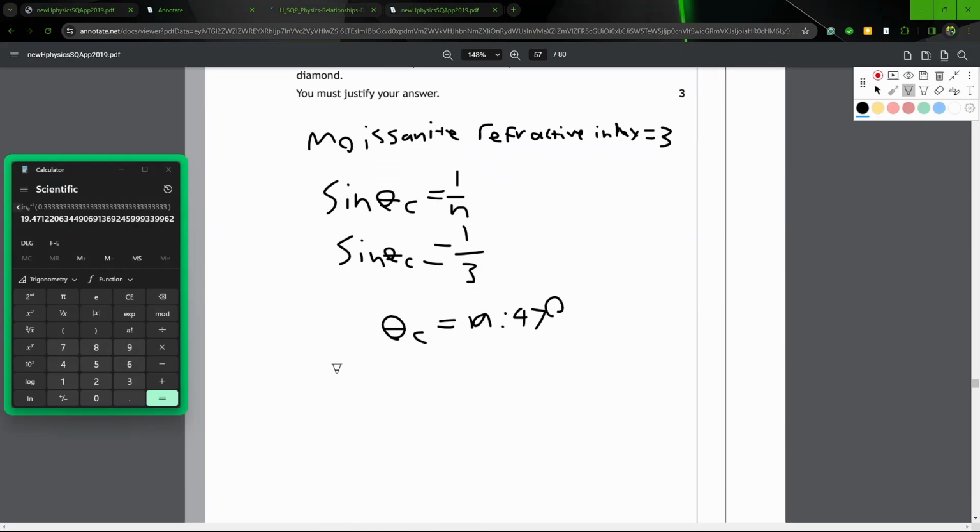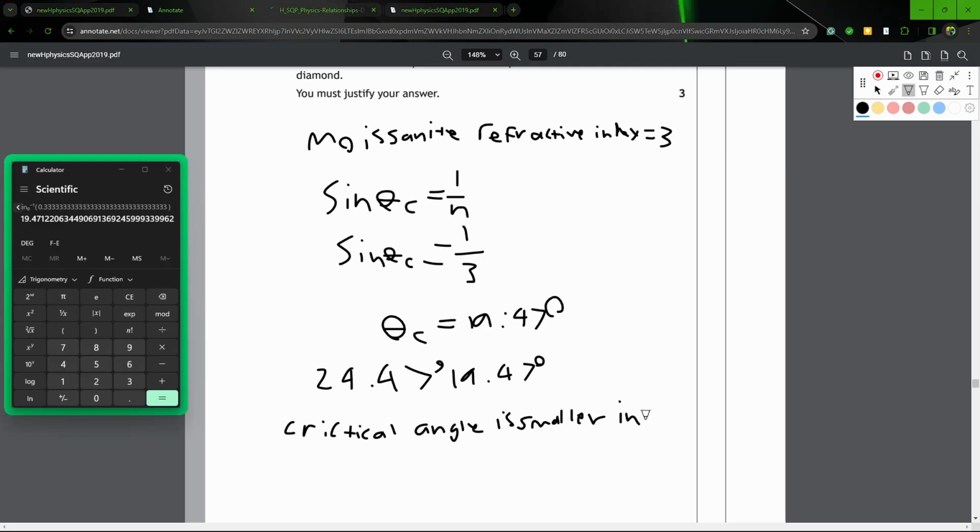So you can say 24.4 is greater than 19.47, so the critical angle is smaller in moissanite than in diamond.